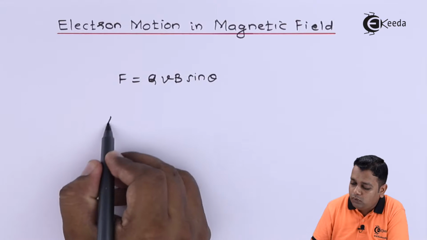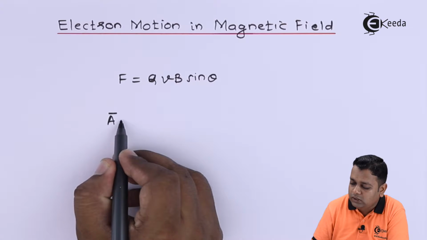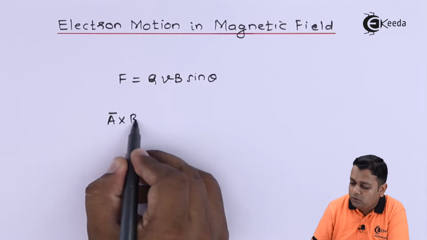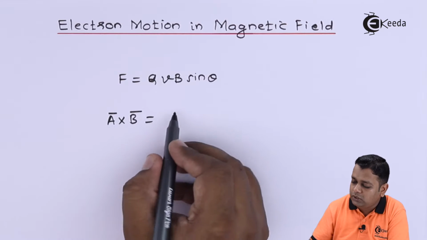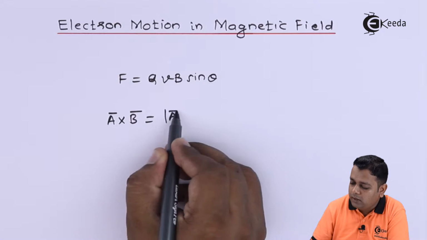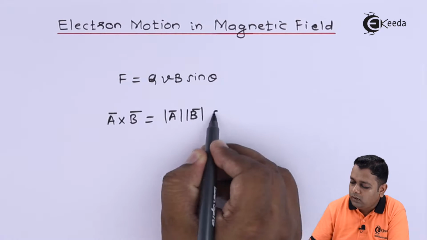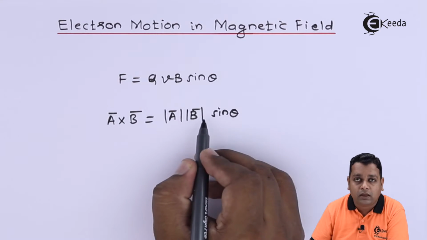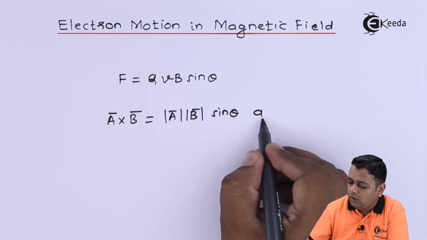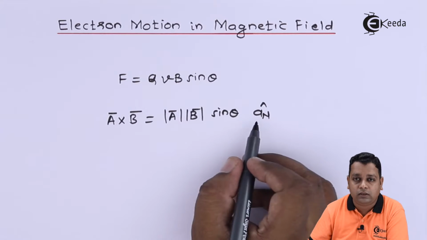As we know, for two vector quantities, the cross product A bar cross B bar has the magnitude of the first vector into magnitude of the second vector into sine of the angle theta between them, along with the direction given by a n cap.